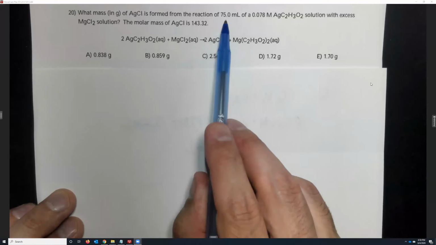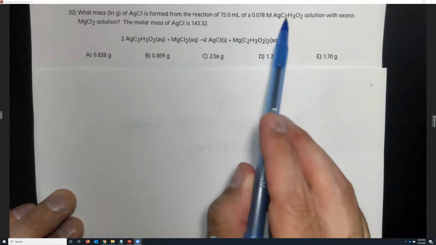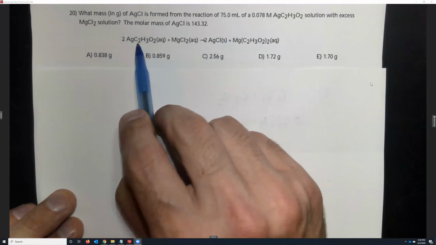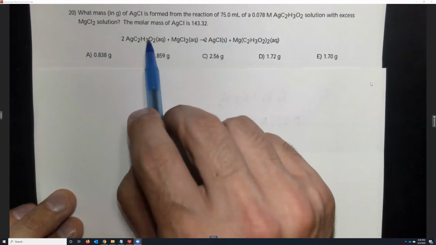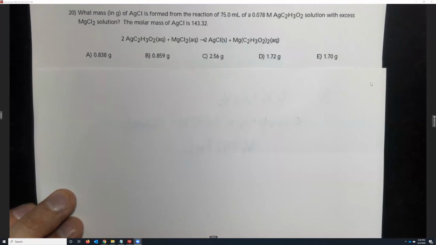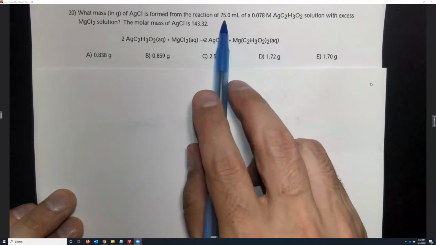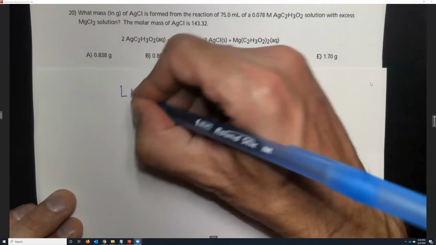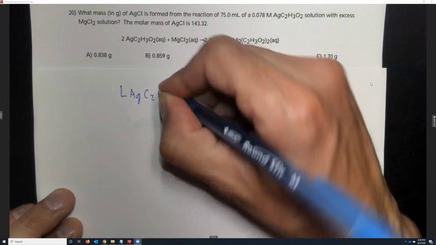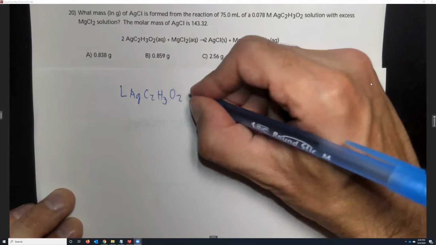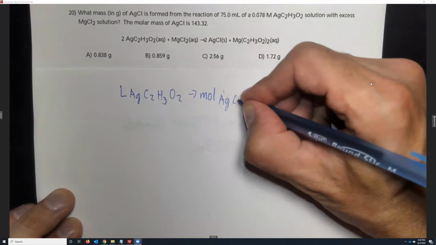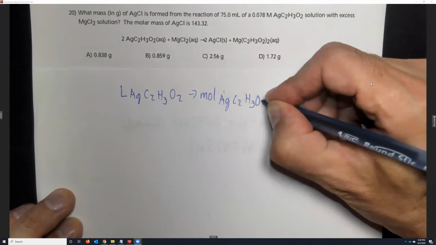So we're told that we have 75 milliliters of a certain concentration of this, and we're told that we have excess of this. Said another way, we're told that this is the limiting reagent. And what we want to know is, if we have that amount of this, how much of this can we make? So in this case, we want to go from liters of silver acetate, AgC2H3O2, to moles of silver acetate, AgC2H3O2.